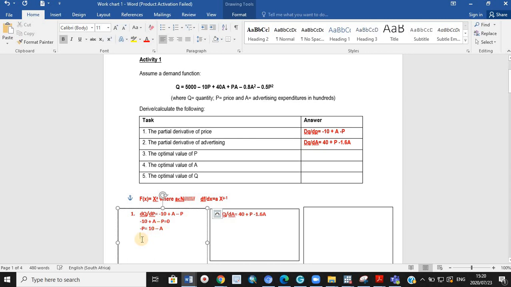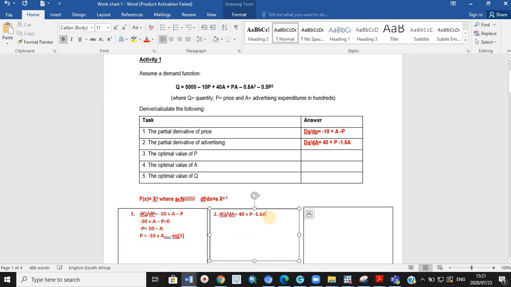To get rid of the negative sign, we multiply everything by minus 1, so p should be equal to minus 10 plus a. This is going to be our equation 1.